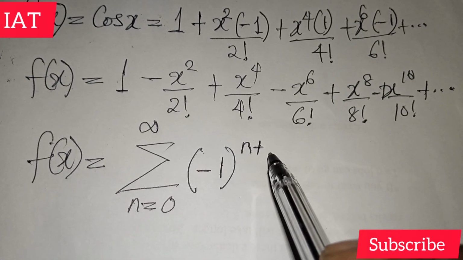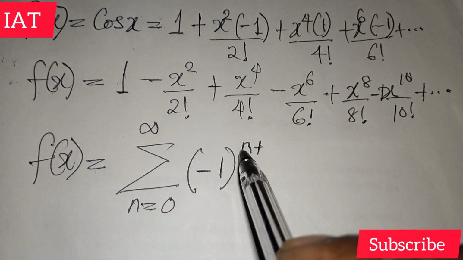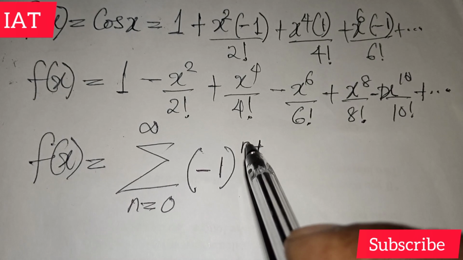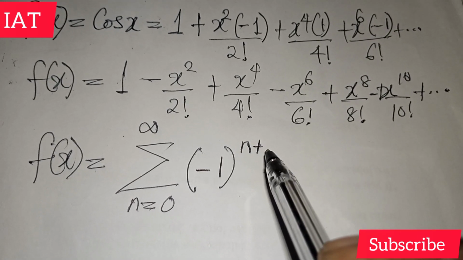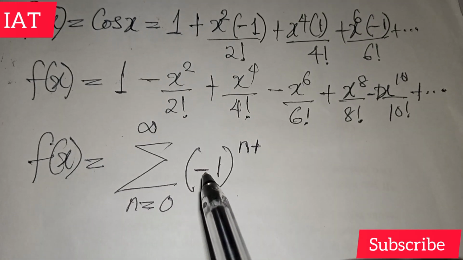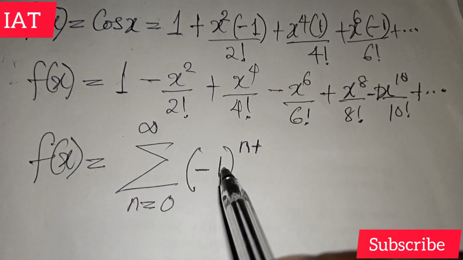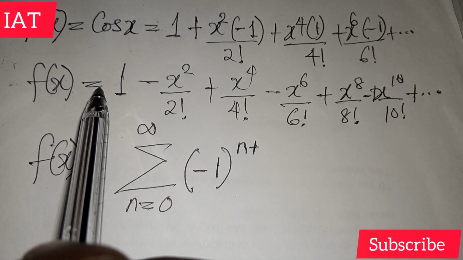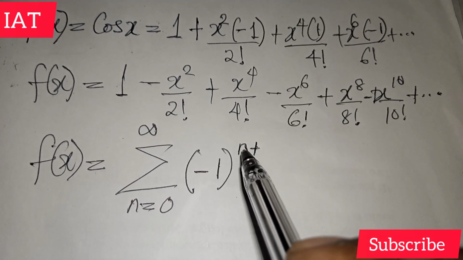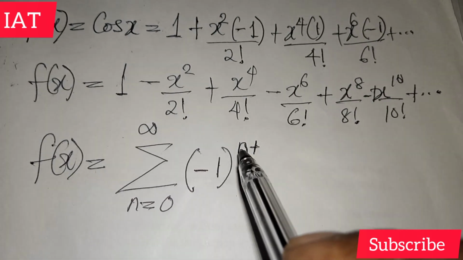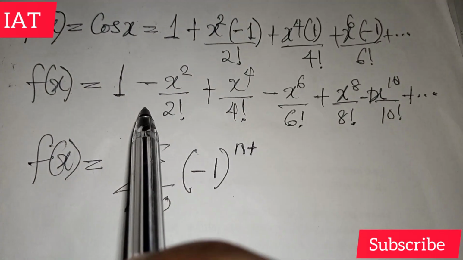If you add plus 1, keep in mind that when n is equal to 1, 1 plus 1 will give us 2, and minus 1 squared will give us a positive sign. What if we have our n to be 2 and here is 1? Then it will give us a negative.